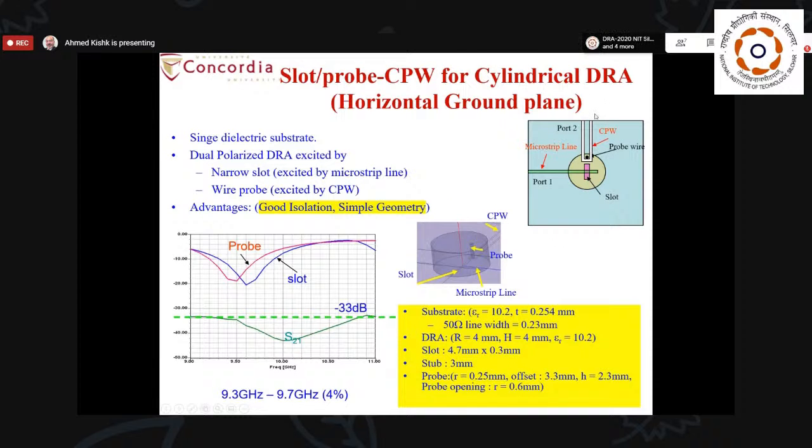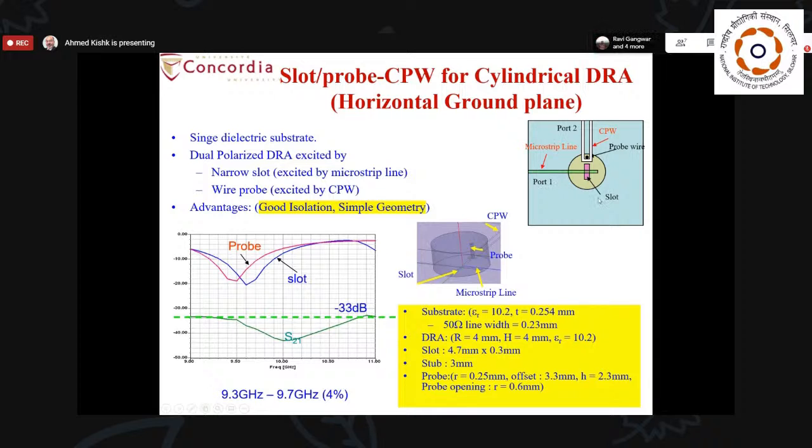Another one, the coplanar line, instead of exciting a slot, I can make it excite a monopole inside the resonator, and another narrow slot over here excited by a microstrip line from the back, and this one will give me very good isolation, better than 33 dB over a very wide band, but the dielectric resonator itself is not wideband, so the matching bandwidth is not that wide.